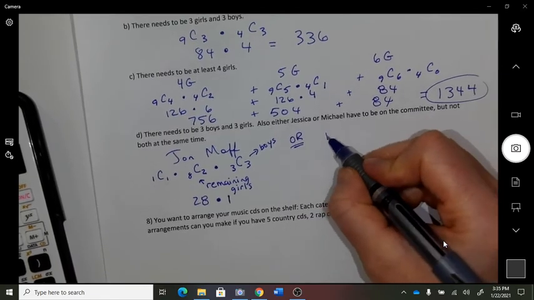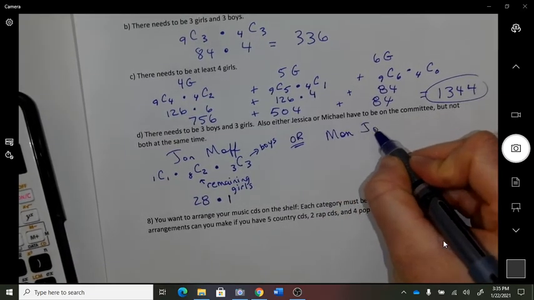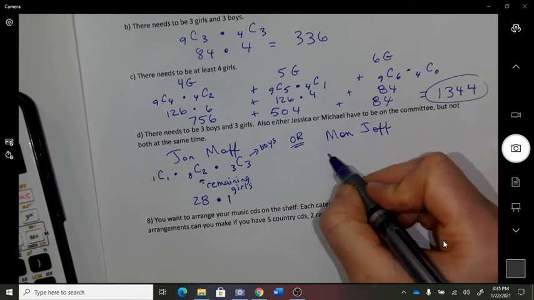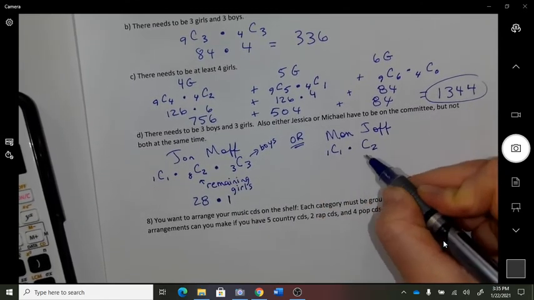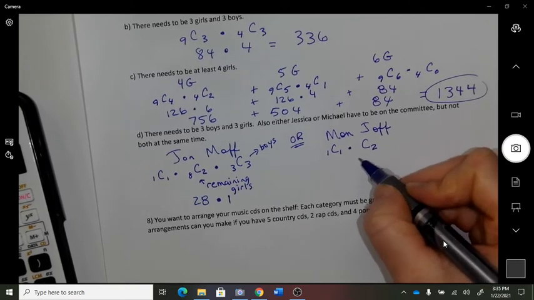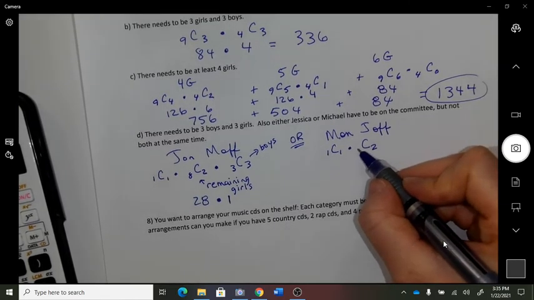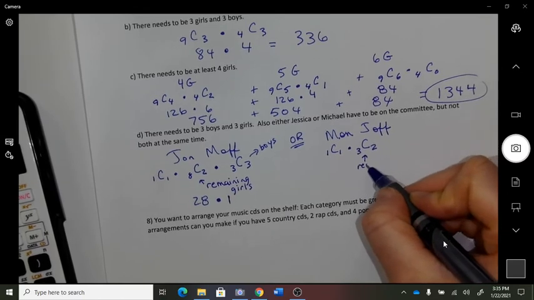Or the other situation would be Michael is on and Jessica is off. So if Michael is on, that's 1 choose 1. You need 2 other boys, but now you have only 3 choices.